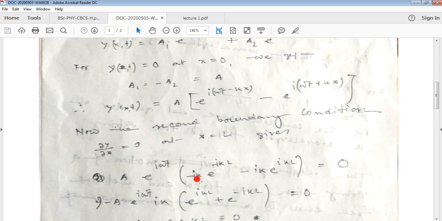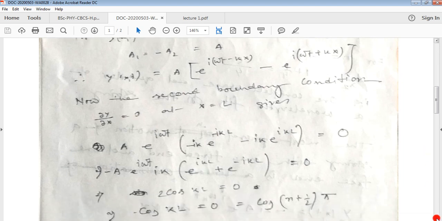So here we will have only minus ik e to the power ik. Here we have substituted L for x, minus ikL, and here one minus sign is already there, so ik e to the power ikL, and for x equal to L, del y del x equal to 0.